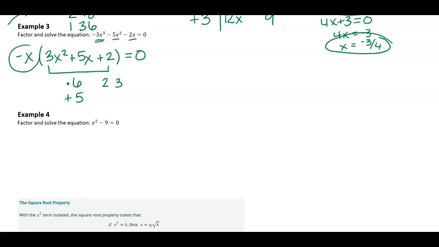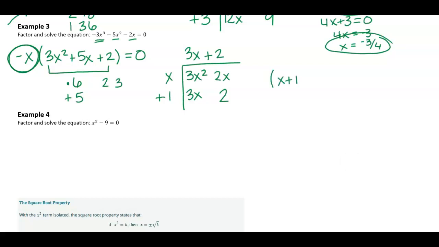I keep my negative x out here, but I do need to find the 2 linear pieces of the quadratic. I'm going to write 2x and 3x on my diagonal. I factor out an x. Only common factor between 3 and 2 is 1. Here I have a 3x plus 2.